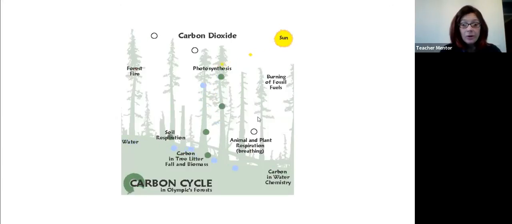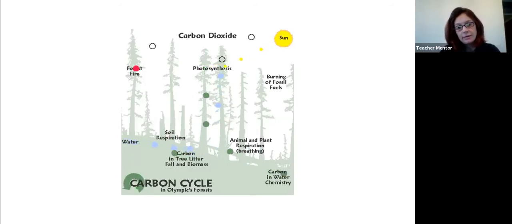So we will give off some carbon dioxide from breathing, as well as burning of fossil fuels. A forest fire will also release carbon dioxide into the atmosphere as well. So it shows how it is always moving, but there's not one clear set of steps that carbon has to follow.